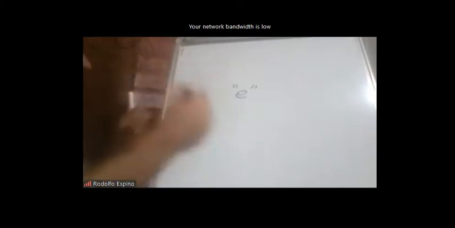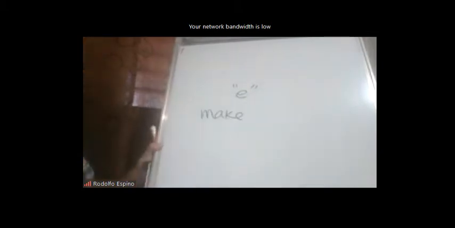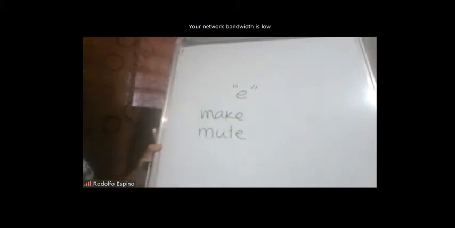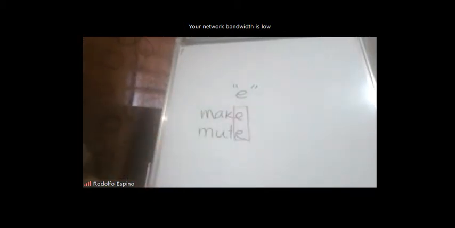Okay, for example, make, right? That's an example. Let's say mute, another example. If you take a look at this E in spelling, you will realize that this E is mute. Okay? You don't pronounce the E. You don't say makey, you don't say mutey, right? So you simply don't pronounce it.